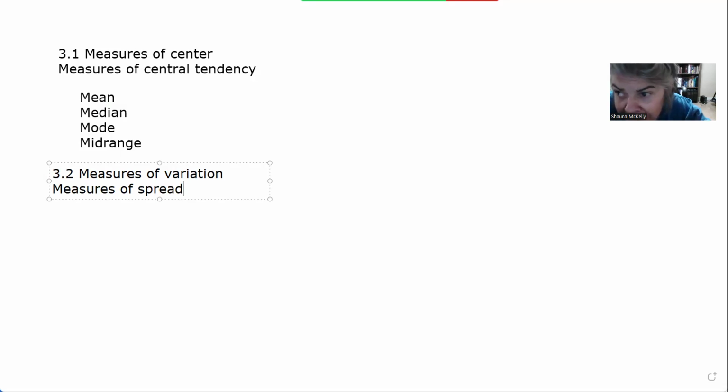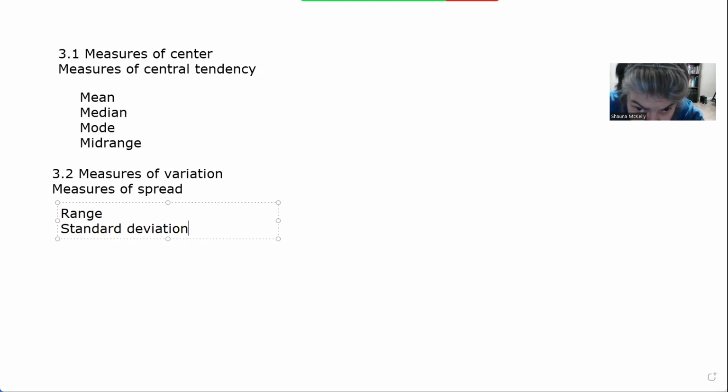That gives you indications in the data set about certain things. You'll learn about that later. In measures of variation, the first one we talk about before we ever get here is the range. We talk about the standard deviation, and we talk about the variance.